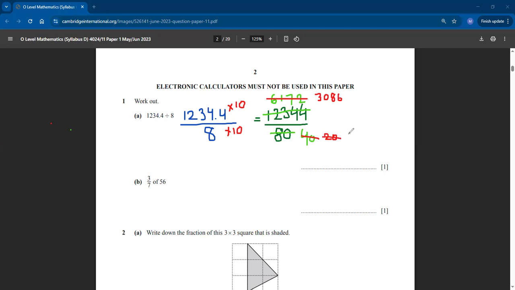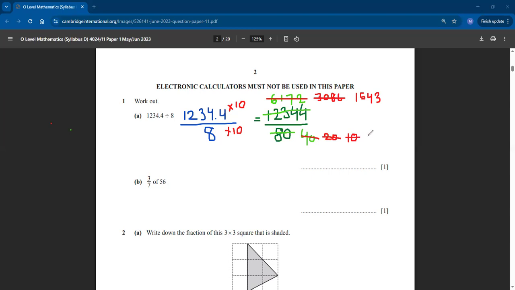20 divided by 2 is going to be 10. 3,086 divided by 2 is going to be 1,543. Then if we were to divide both of them by 10, at this point we could simply move the decimal one place towards the left by dividing by 10. But I'll just work this out in the easiest way possible.